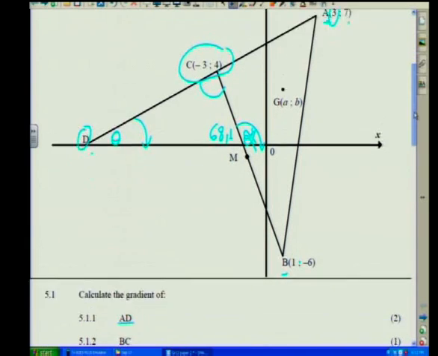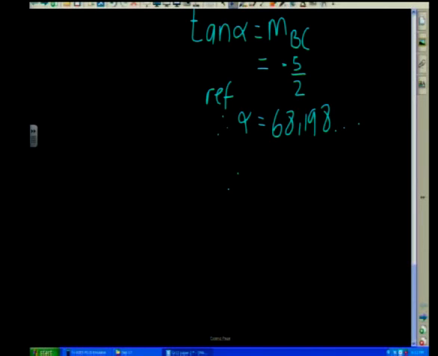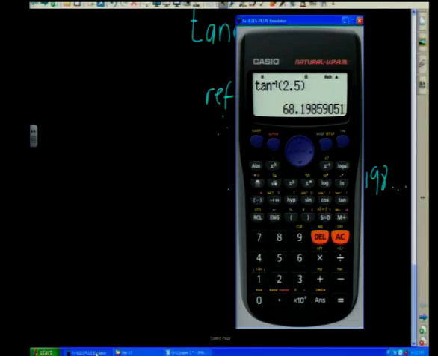Also, another way to think about it, remember from trig equations, if you're working with a negative ratio, you first work out your reference angle, and then we know that tan is negative in the second quadrant. So therefore, if I want alpha, it's going to be 180 minus the 68,198. That's because we have a negative gradient for that line. So alpha is going to be 180 minus that answer, which gives us 111,801.